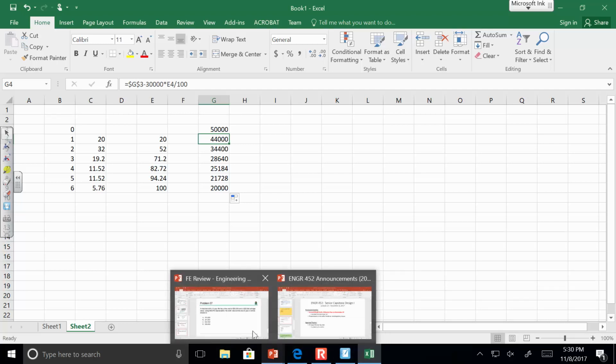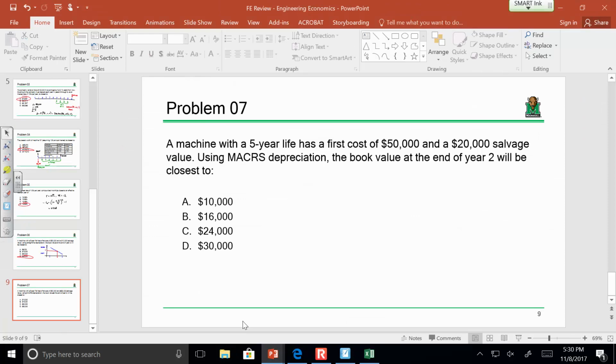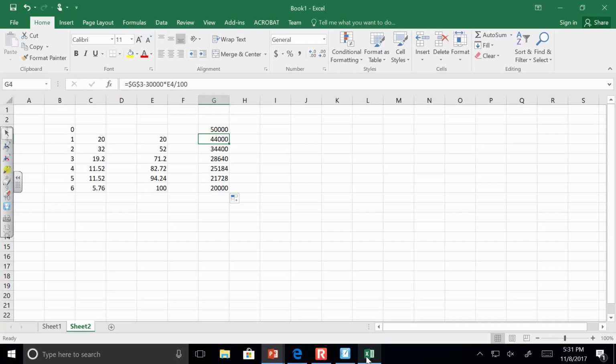Yeah, but I got these out of this old econ book, and if this book really did do that, then I'm not going to be very happy. Looking at the equations, it says that DJ equals the factor times the cost. The book value is the cost minus the cost times those factors. But you did 30,000, not 50,000.